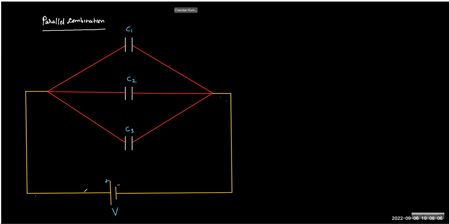So now whatever charge you give, which is like a huge volume.